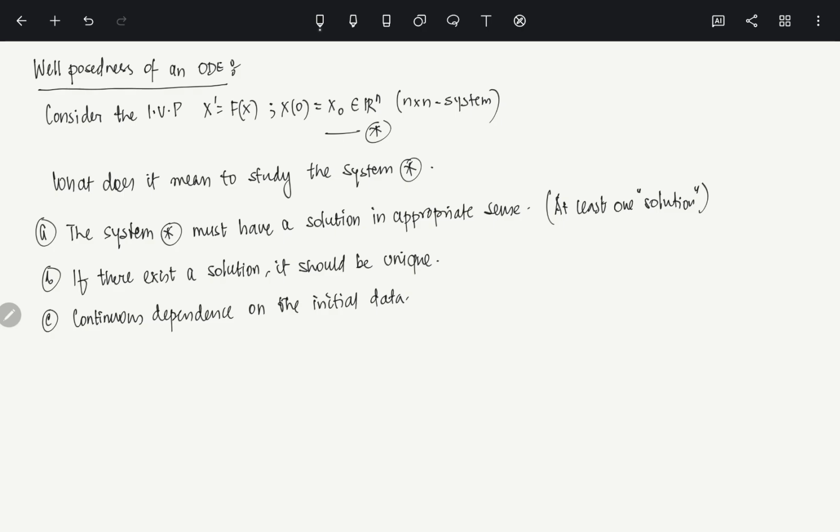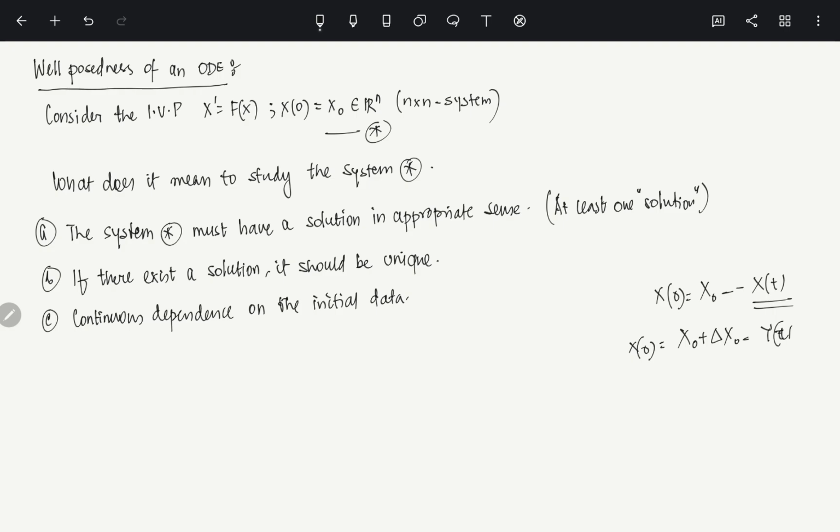Let's say you start with x0, and you get a solution x of t. Now what happens if you start from x0 plus delta x0? You are probably going to get a y of t, because you know there is a solution and the solution is unique. Let's just remember that that is true.